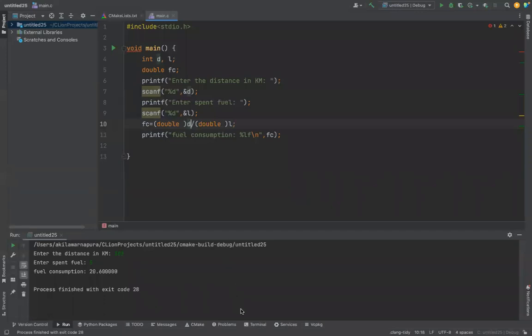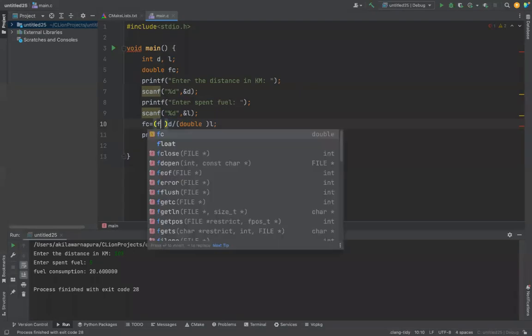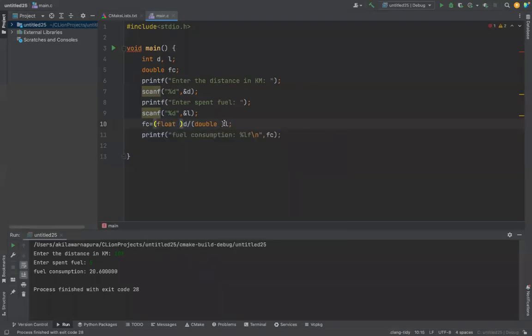I think now you guys can understand this one. So it is not required to put the double. If you want, you can put the float. Okay, just float for one side. And you can use 103 divided by 5, 20.6.